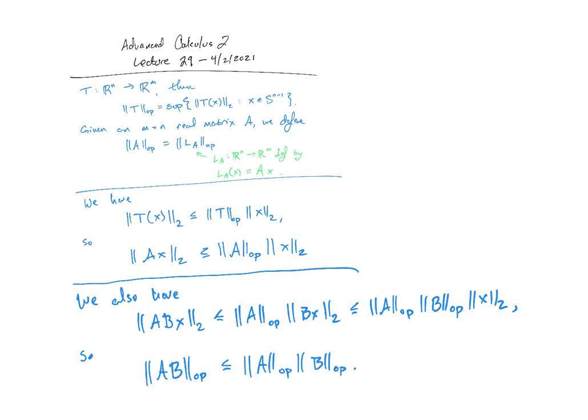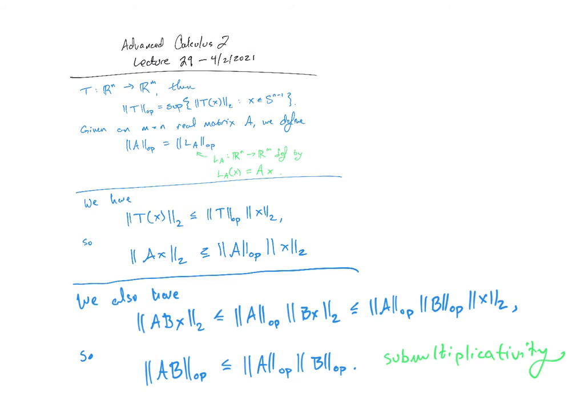There's a word for this. This is submultiplicativity. That inequality won't in general be an equality, because you can imagine that the vectors that B stretches out are not the same as the vectors that A stretches out, so when you combine the two, you do AB, you might not be getting the maximum stretching factor that each of them individually would get.